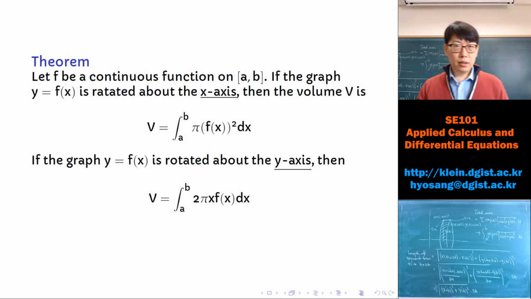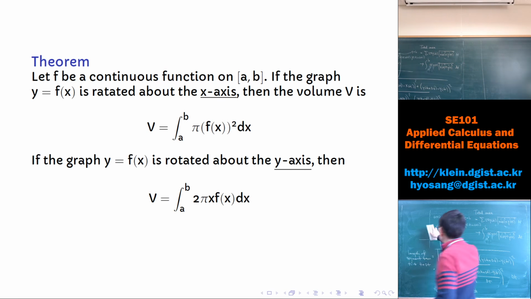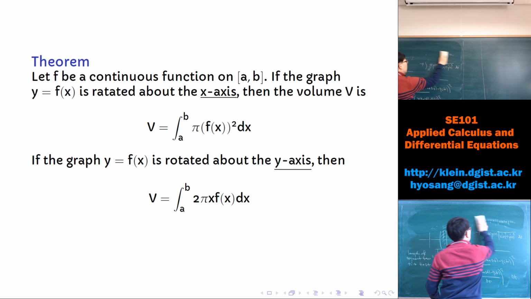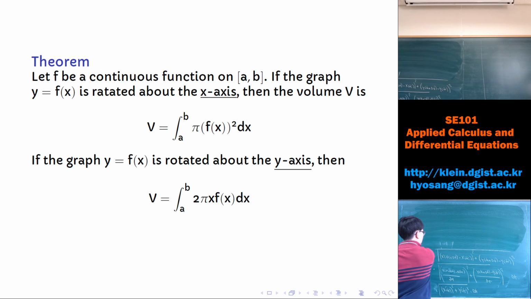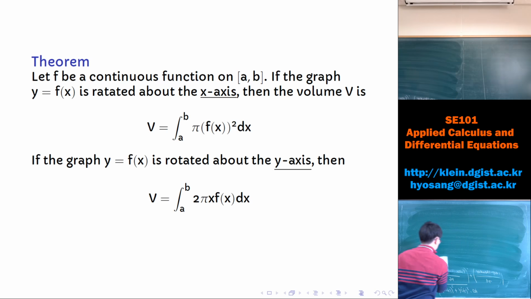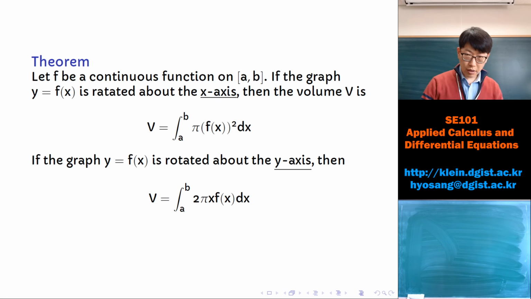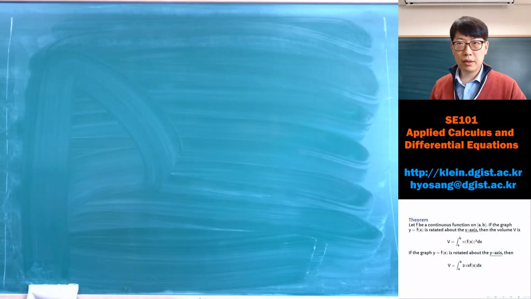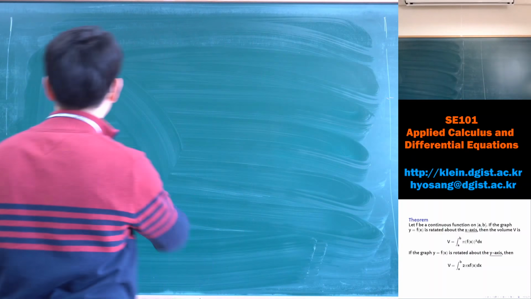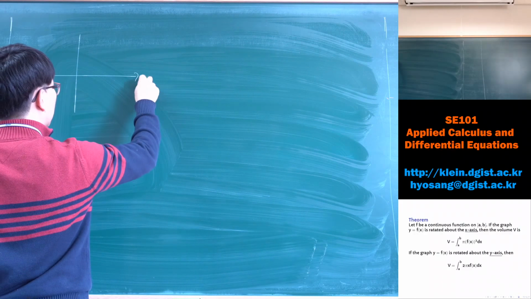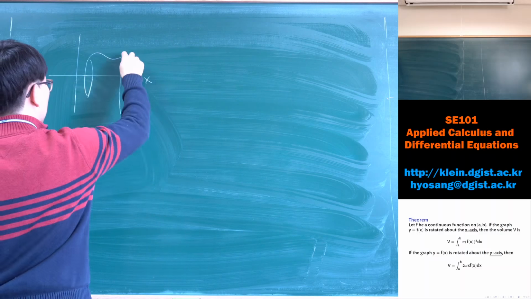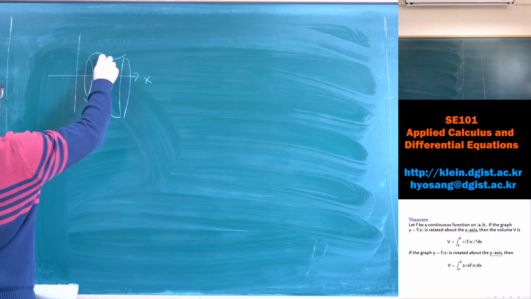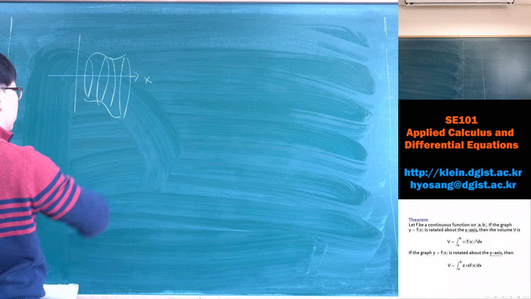Let me write this one. So let me give a picture. So remember these formulas. So we have, if you have a volume obtained by rotating around the x-axis, you're also going to take the slices here.